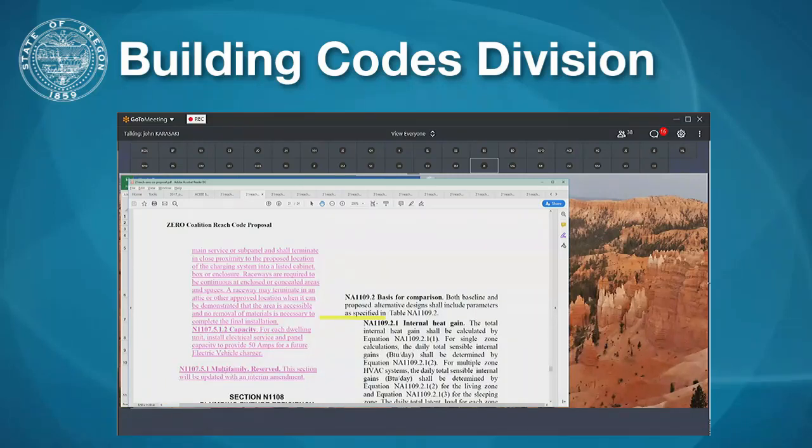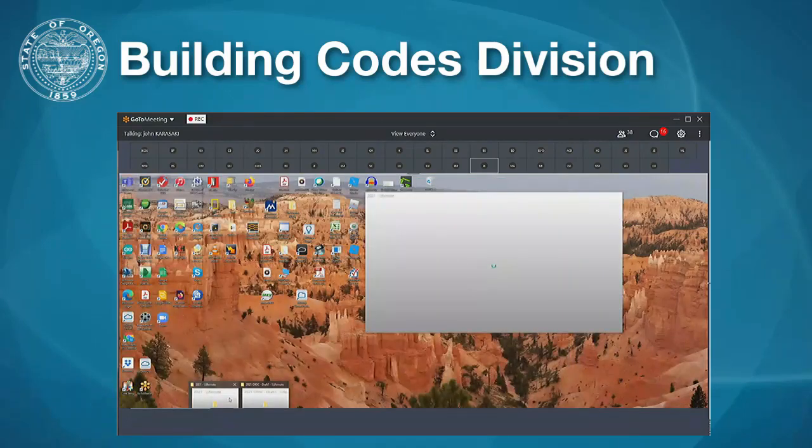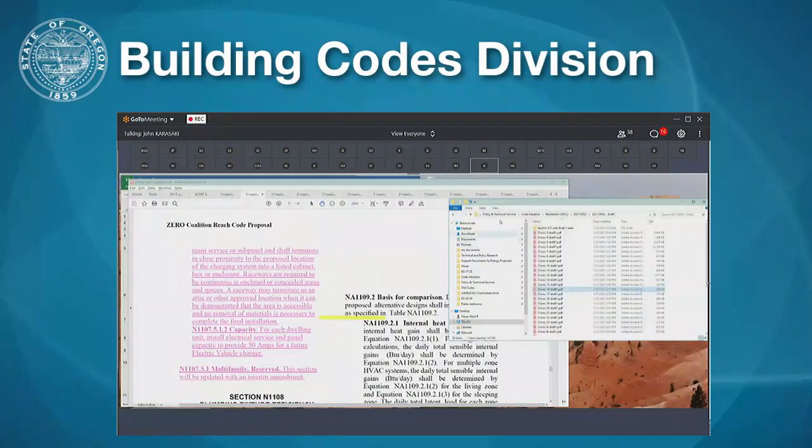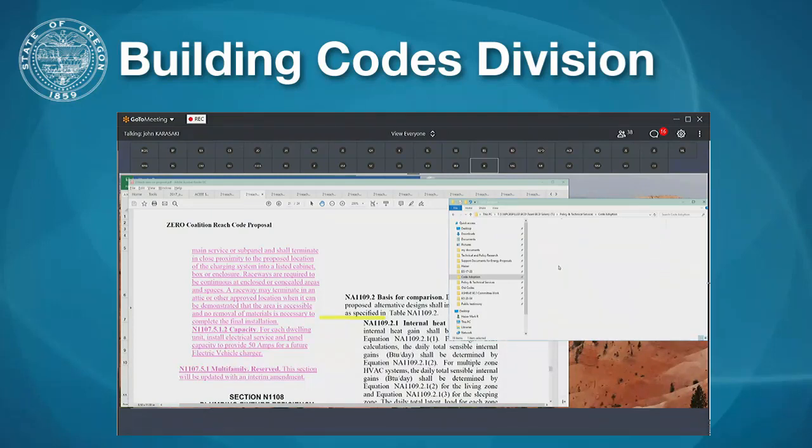And I know other groups in our company are designing specific rate schedules and demand response programs around this. But I'm not the expert in any fashion on those specific tariffs and rate schedules.